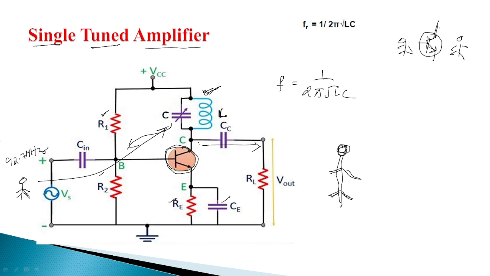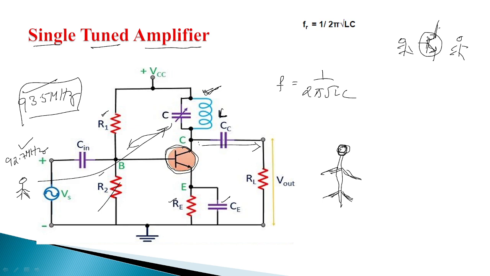If you want 92.7 frequency, we can select 92.7. Otherwise, if you want 93.5 megahertz frequency, we can select the 93.5 megahertz signal. Like this, we can select and amplify towards the output side, and we can get the output without any distortion.